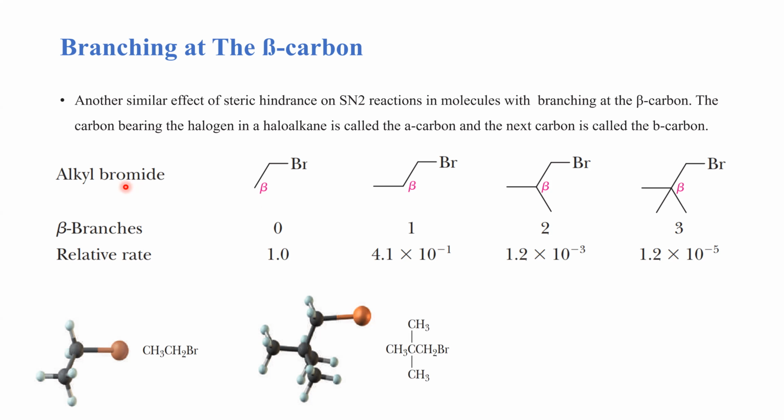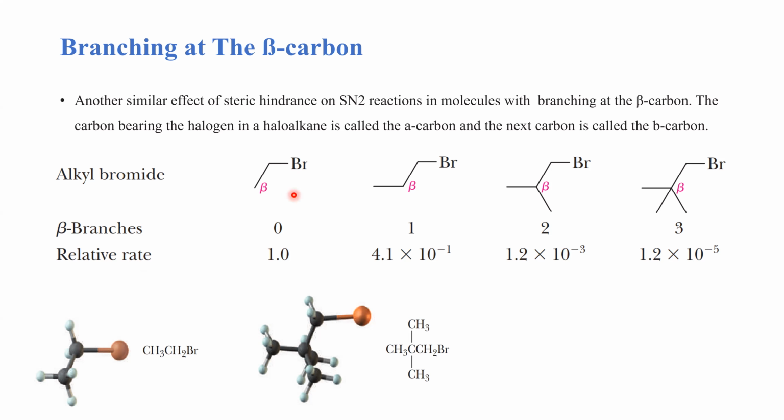So this is the alkyl bromide, and there are four examples of the alkyl bromide, right? This is the ethyl bromide, this is propyl, this is isobutyl, and this is the neopentyl bromide. Here you can see how many branches we are adding on the alkyl halide, and with each increase in the beta carbon branch, what is the impact on the rate of the reaction?